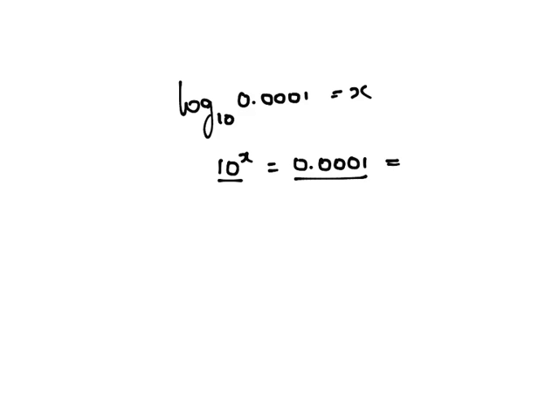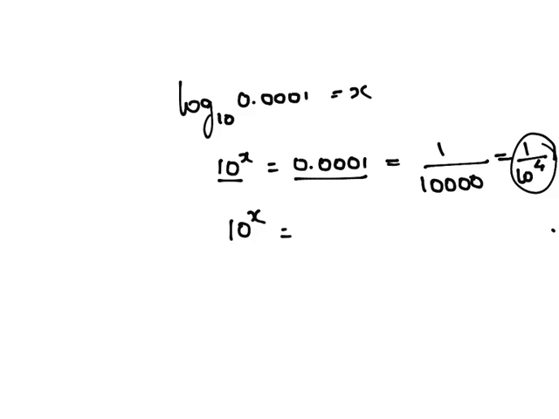So this can be written as 1 by 10,000, isn't it, students? Because 0.0001 is 1 by 10,000, which is nothing but 1 by 10 power 4. So 10 power x equal to 1 by 10 power 4, which can be written as 10 power minus 4. Again, the bases are the same, so the powers have to be the same. So x is minus 4.